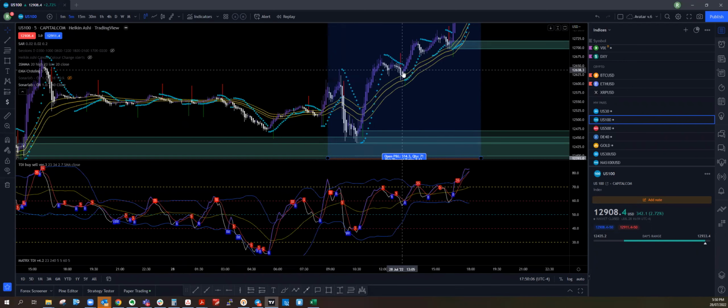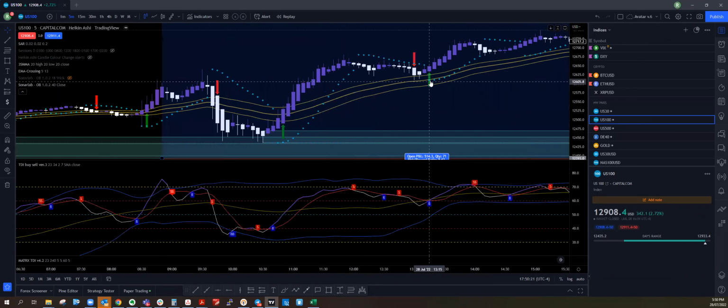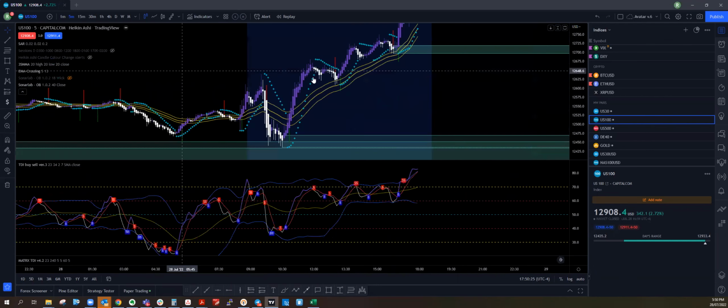You wait for it to pull back to the channel and start rejecting, and then you take the next entry after it rejects off of the top of the channel. So like if I miss this buy up, I wait for it to pull back, and then I wait for this entry confirmation here, where I got my flat bottom, my PSR dot, and I take that buy up.